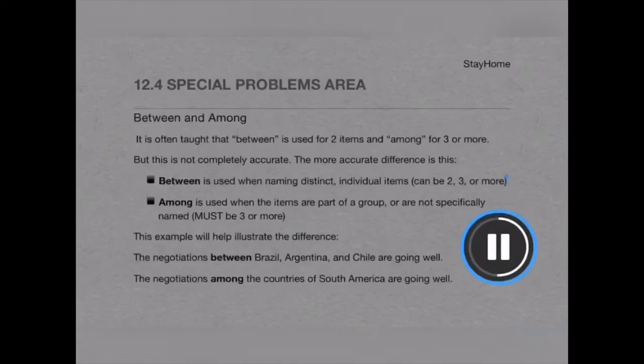Among is used when the items are part of a group or are not specifically named. The group must be 3 or more. For example, the negotiations between Brazil, Argentina and Chile are going well. The negotiations among the countries of South America are going well.